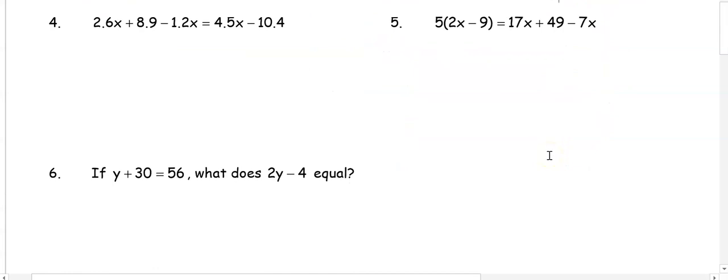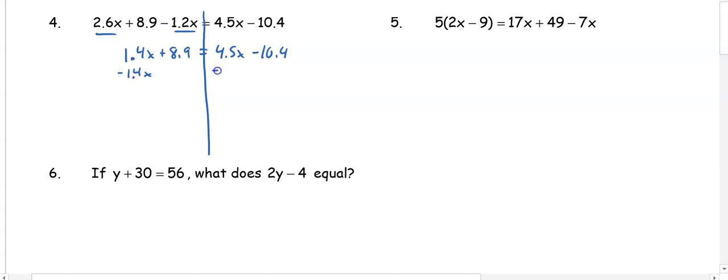In number 4, on the left-hand side, we need to combine these x's. So we have 2.6 minus 1.2, which gets us 1.4x plus 8.9 equals 4.5x minus 10.4. The smaller variable here is the 1.4x, so I'm going to subtract 1.4x from both sides because it was positive.